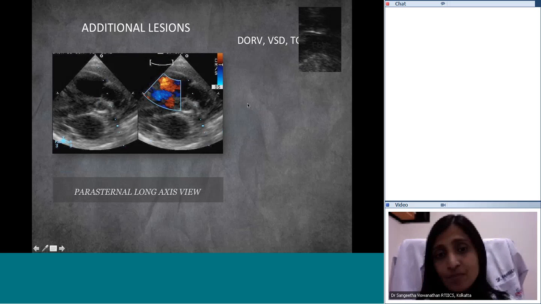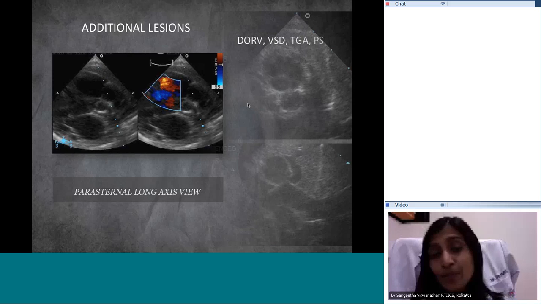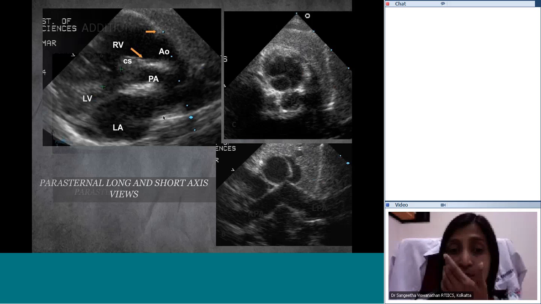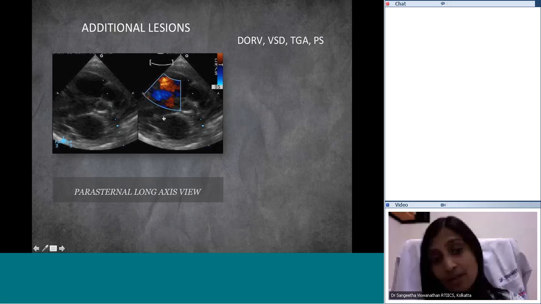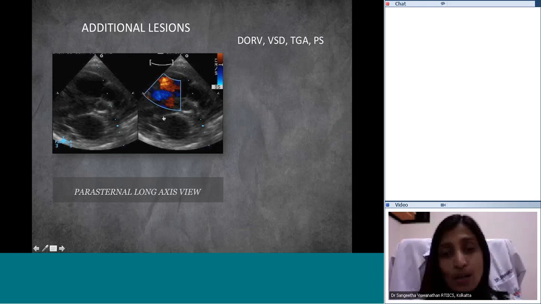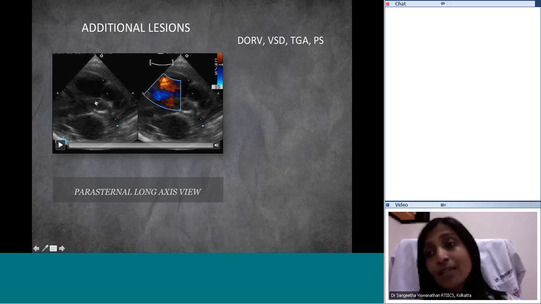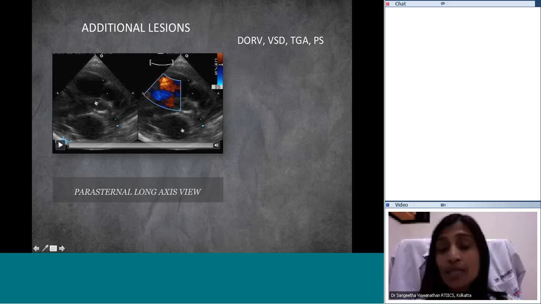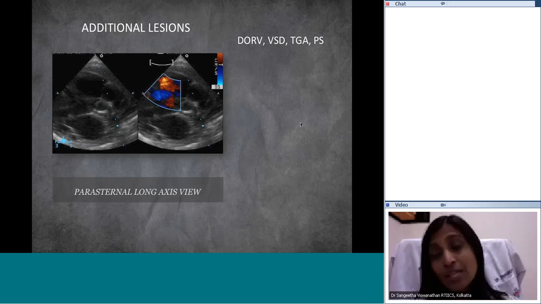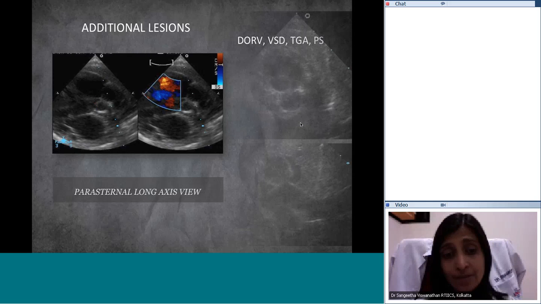So this, as you may remember, is similar to TGA VSD PS. Okay, so the only difference is that there is fibrous discontinuity and that the great arteries predominantly take off from the RV. So it's part of the same spectrum as TGA VSD PS, and it behaves like TGA VSD PS.